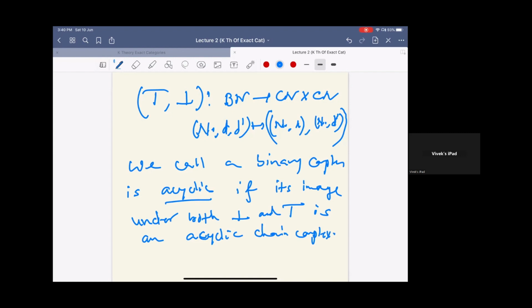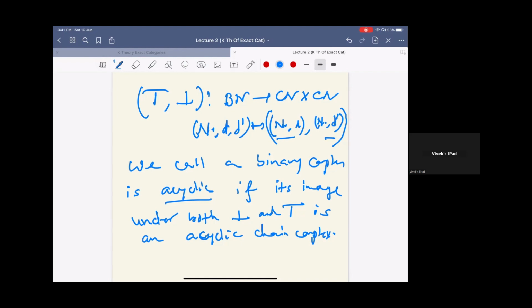We have already made sense of acyclicity in the setting of an exact category, right? So when we say a binary complex is acyclic, that means under the image of this top functor and bottom functor, the resulting chain complexes are acyclic. Then we say that binary complex is an acyclic binary chain complex.